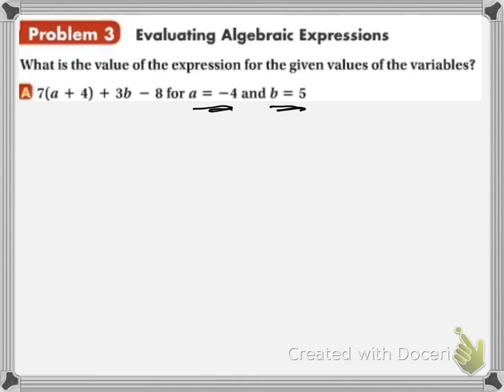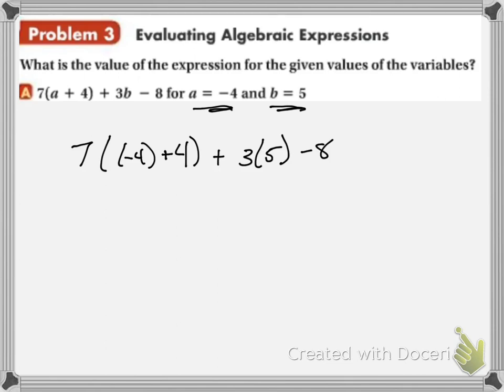It's going to look a little weird at first: 7, then a equals negative 4, but we already have parentheses there. There's nothing wrong with putting it in parentheses anyway, because it takes care of operations you might see. Plus 4, plus 3, then b, multiplication is assumed, but I'm going to substitute it in a set of parentheses, minus 8.